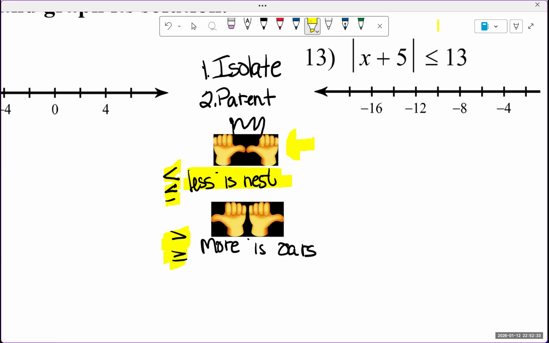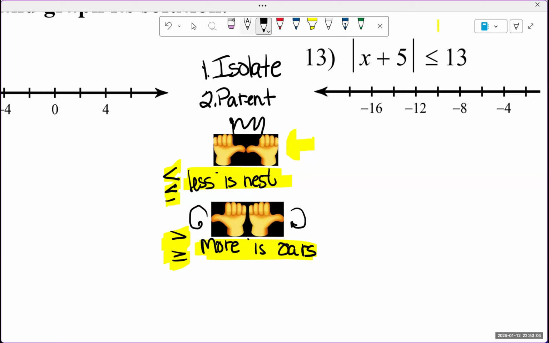So when we see greater than, we're going to say more is ors. And this is like, if we were making circular motions, like we are rowing a boat. Less is nest, more is ors. Thumbs touch, thumbs out, thumbs touch. Okay, it makes a little more sense when you're seeing me. So come see me in person and we will talk about this.